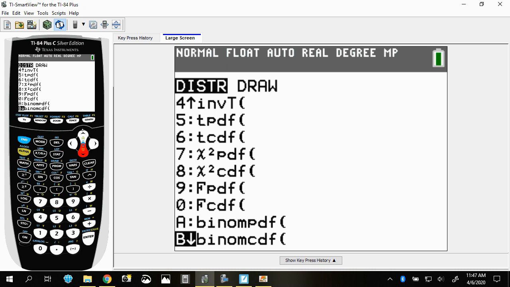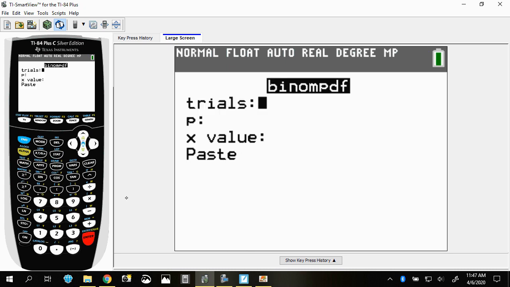Okay, so just to get you familiar with what it looks like, in mine, your number of trials is your N, your P is your probability of success, and your X value is how many successes. So we represent that with a K, and then you're going to put it in there. Now, if you don't have the newer version, remember it goes N, probability, K, NPK.